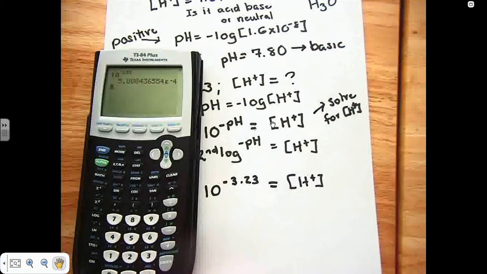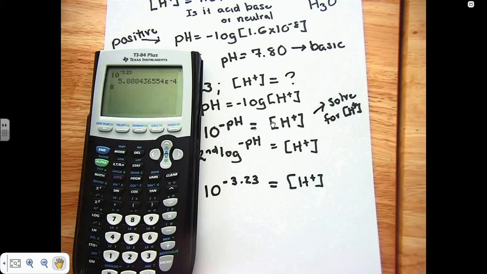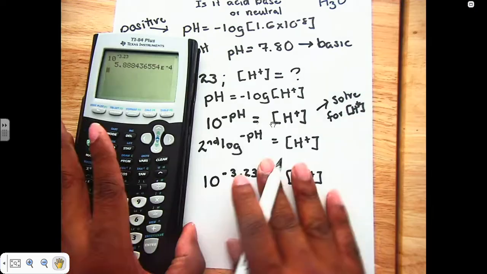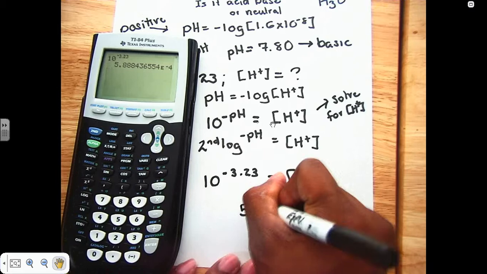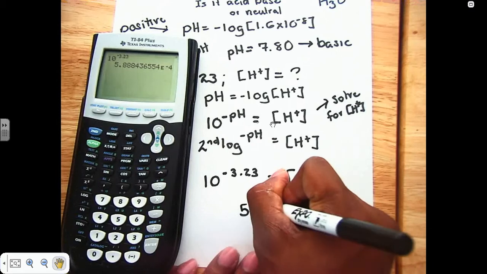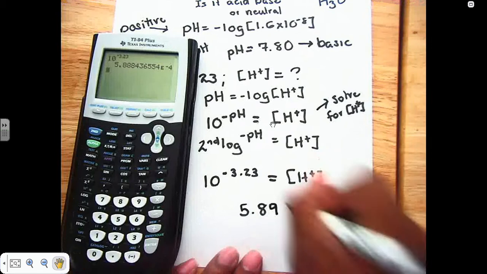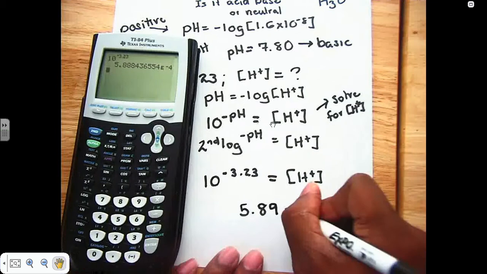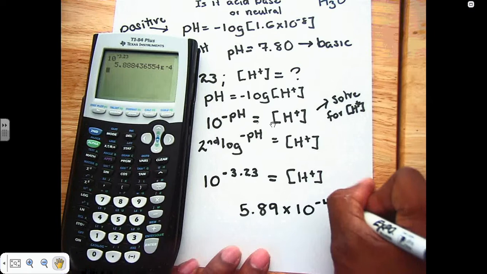Now, when I press enter, it gives me this long number, 5.88, blah, blah, blah, E negative 4. Now, when you see this E, like I said before, the E means times 10. So written out, I'm writing 5 point, and I'm just going to use three numbers, 5.8, and I'm going to round that 8 up to a 9, the next one, and then raise that times 10 raised to the negative 4th power.